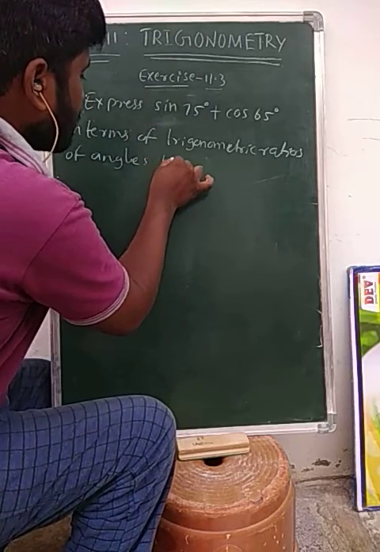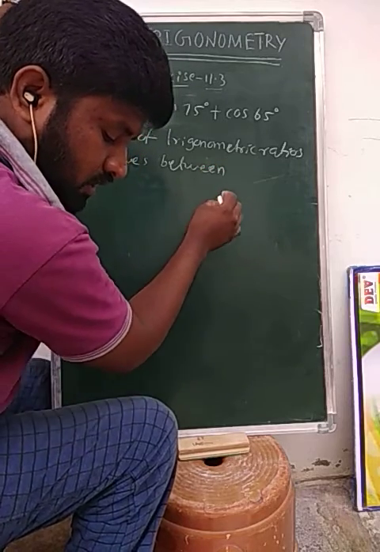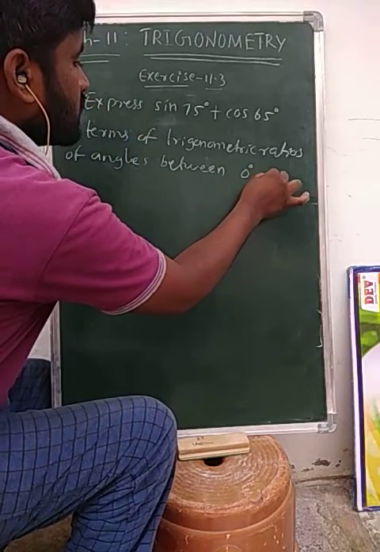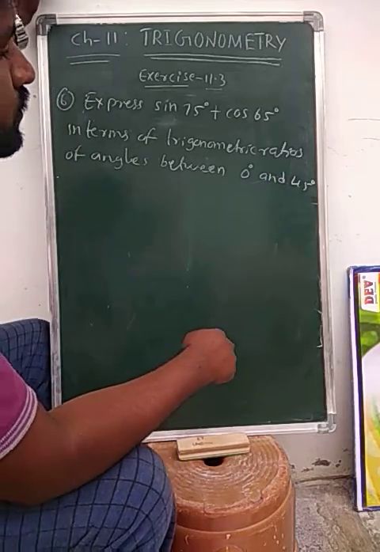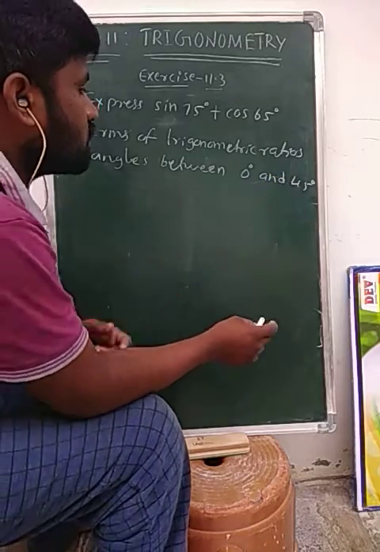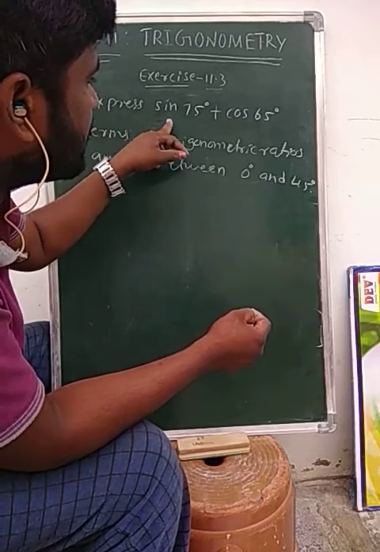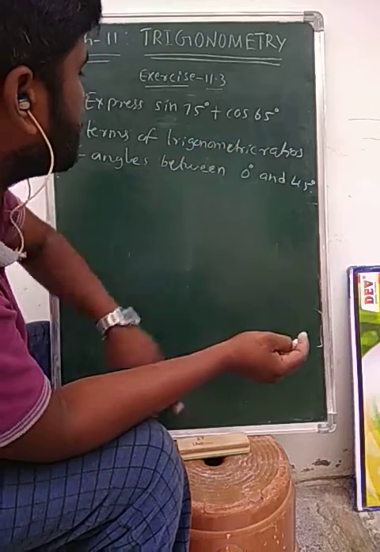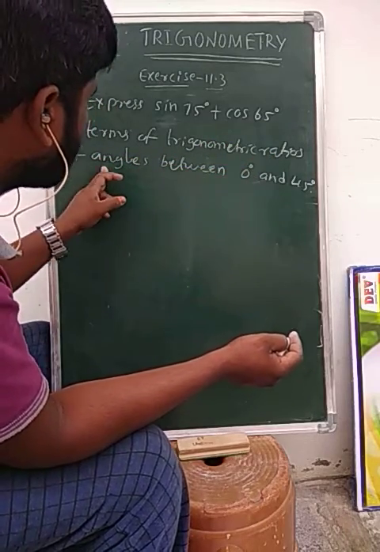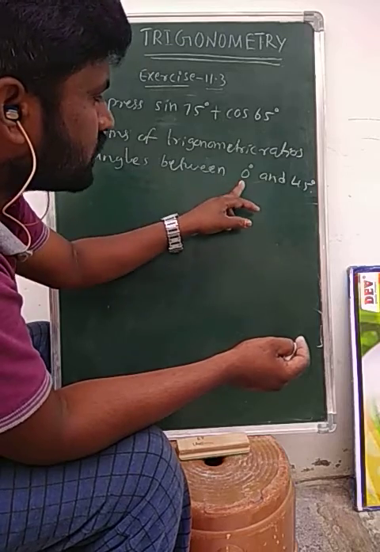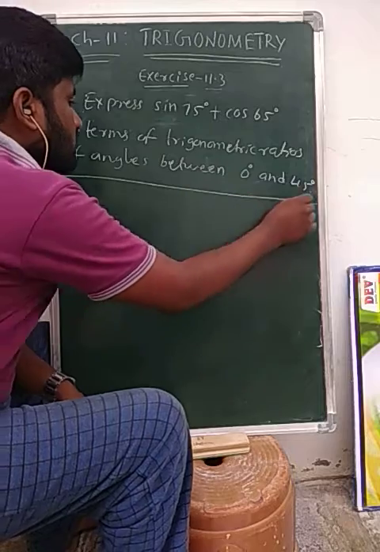Express sin 75 degrees plus cos 65 degrees in terms of trigonometric ratios of angles between 0 degrees and 45 degrees. Okay students, so this is the question.